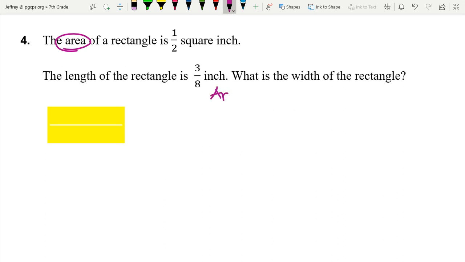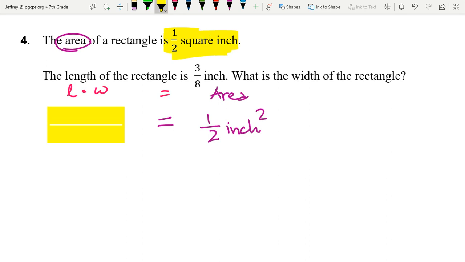So that means the area is 1/2 inch squared. That's the area of a rectangle. When you say area, it means we do length times width, right? Length times width is equal to area. And we know the area is 1/2 inch squared, as the information stated here.